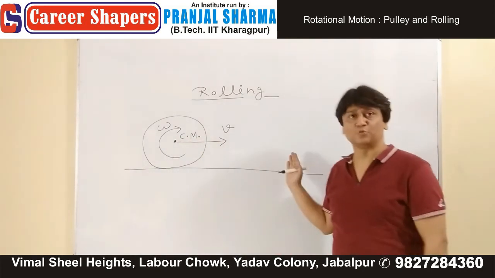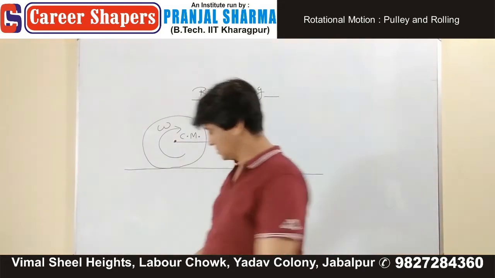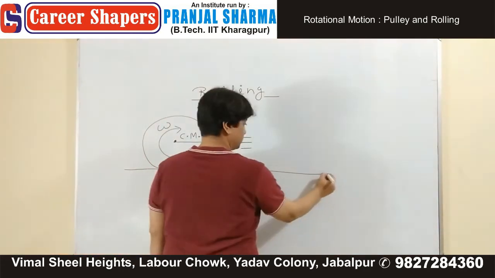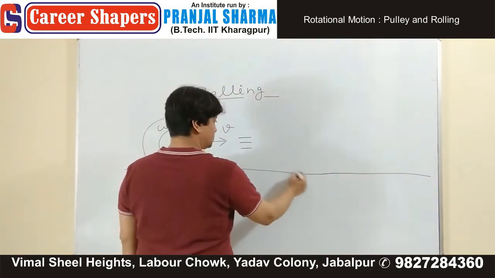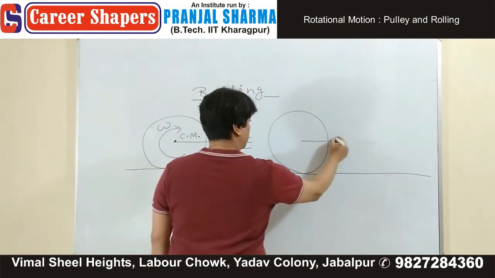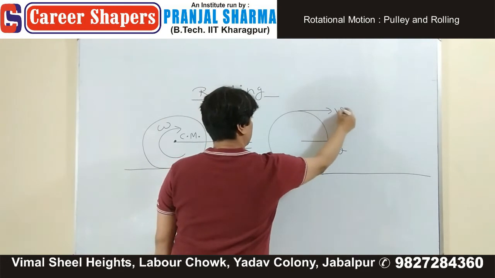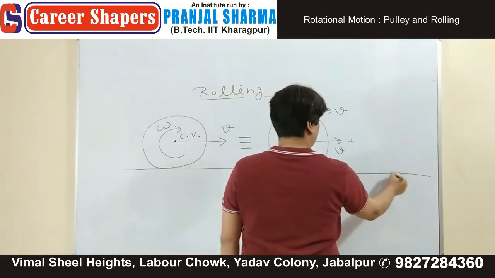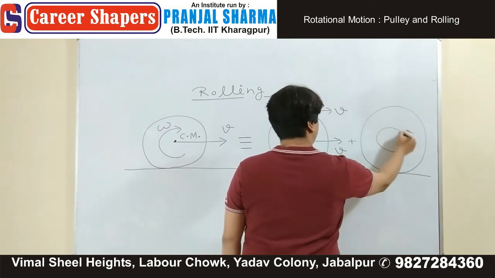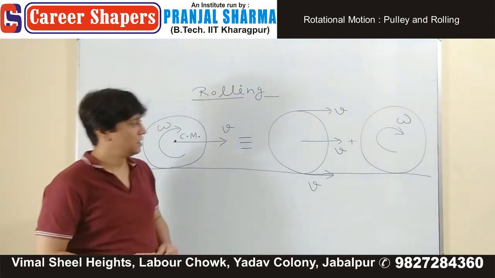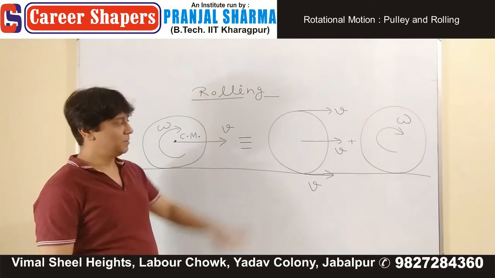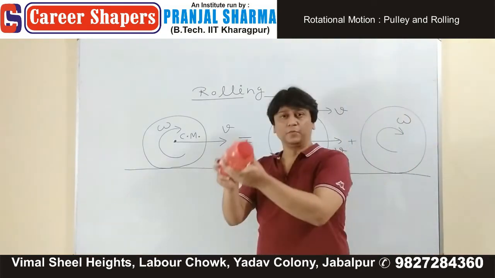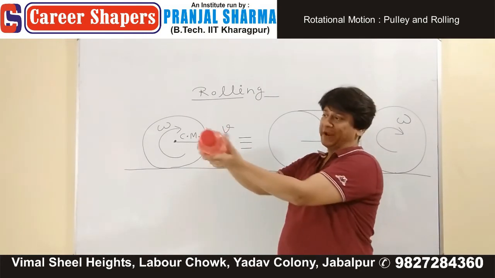We say that the center of mass is moving with V and it is rotating with omega, which is equivalent to this, as if somebody has superimposed translatory motion over pure rotation. आएगा समझ में? क्या बनाया अपन ने यहां पर कि जो बॉडी थी अपनी, this thing, this bottle, when it rolls, we can break this rolling into two parts.